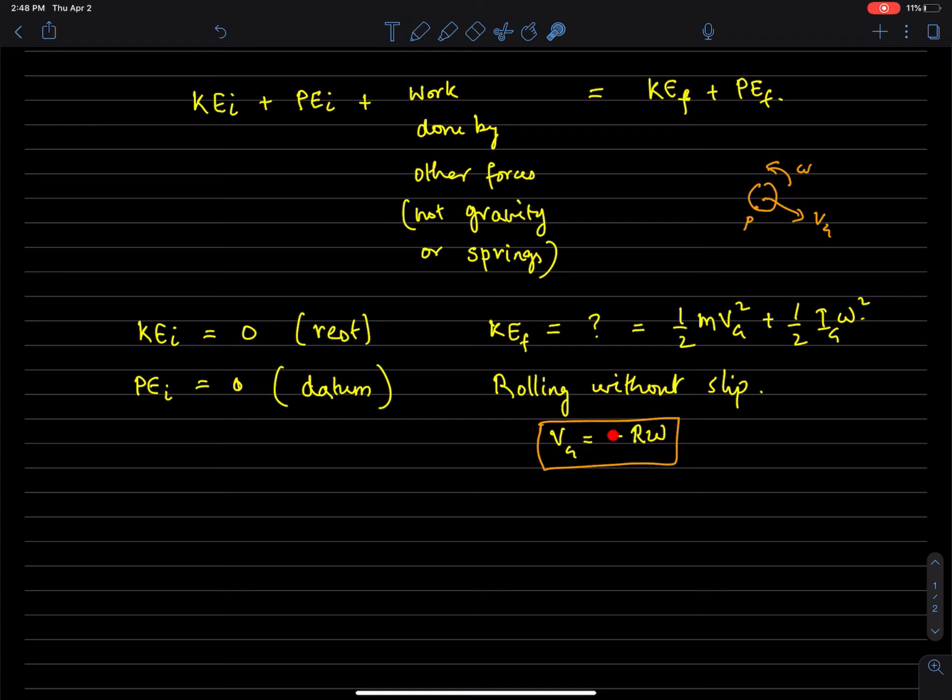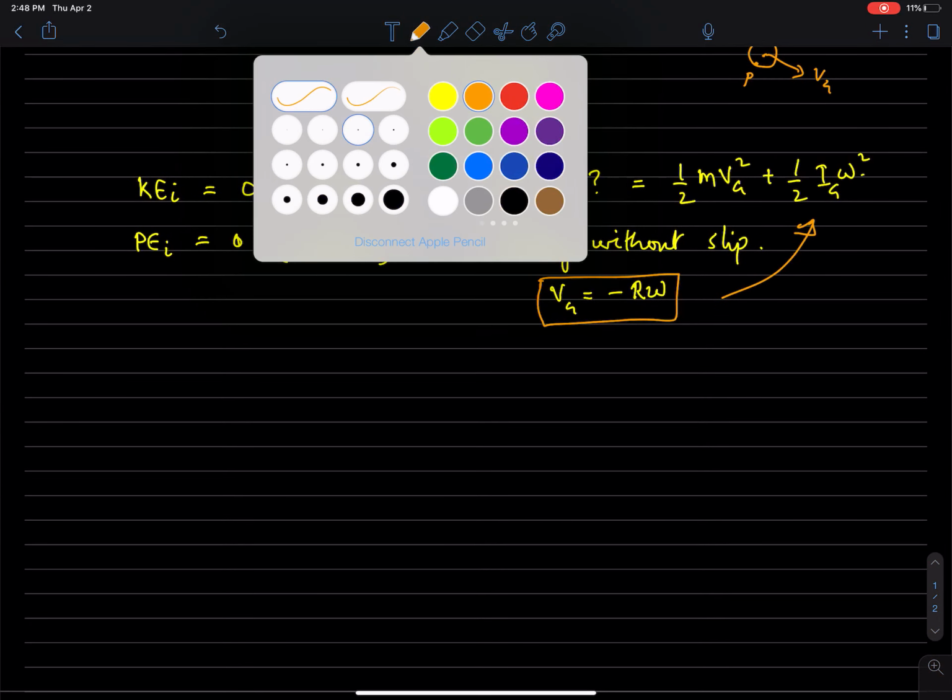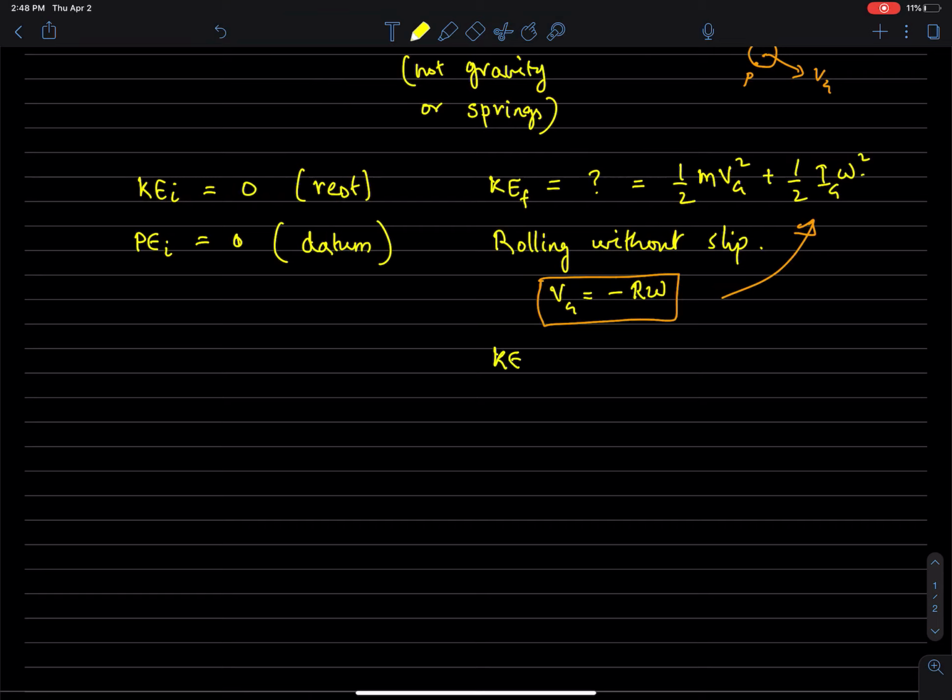Okay, so rolling without slip implies vG equals minus r omega, which we can plug in here. So we can say KE final equals half m vG square plus half Ig.